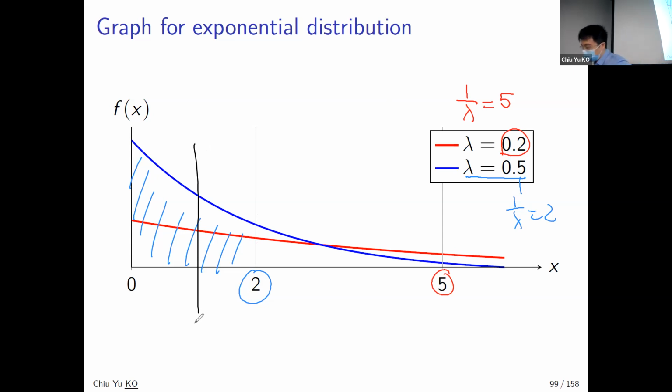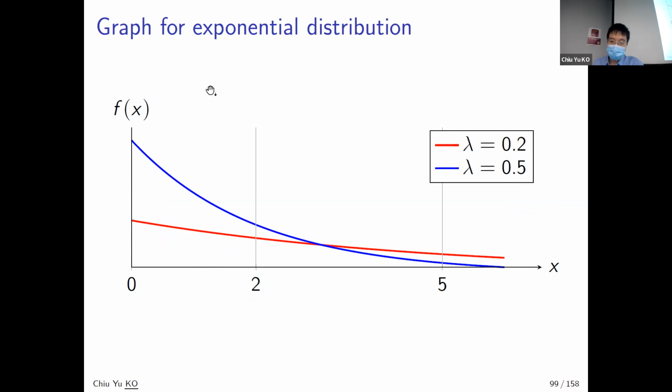We don't prove the median thing, but that would likely be much earlier. But anyway, I don't think this is an important graph, but just to let you know, this is why we call it exponential, right? It falls down like an exponential drop. Okay, that is the reason why this is called exponential.